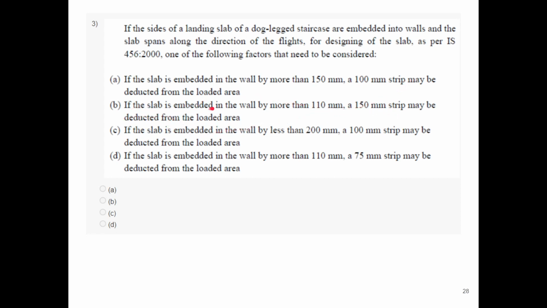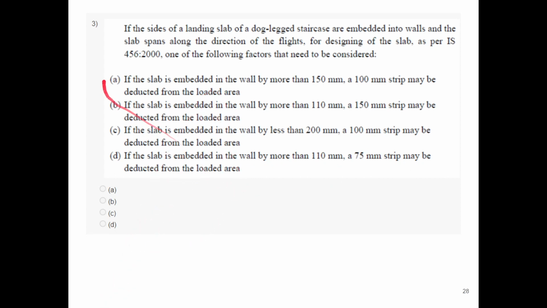B, if the slab is embedded in the wall by more than 110 millimeter, a 150 millimeter strip may be deducted from the loaded area. C, if the slab is embedded in the wall by less than 200 millimeter, a 100 millimeter strip may be deducted from the loaded area. D, if the slab is embedded in the wall by more than 110 millimeter, a 75 millimeter strip may be deducted from the loaded area.